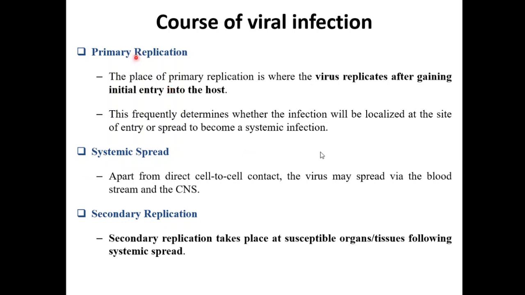So we have these 3 steps: primary replication, which mostly takes place at the site of entry. We have systemic spread. We have secondary replication, which takes place in susceptible internal organ tissue, following the spread of the virus.